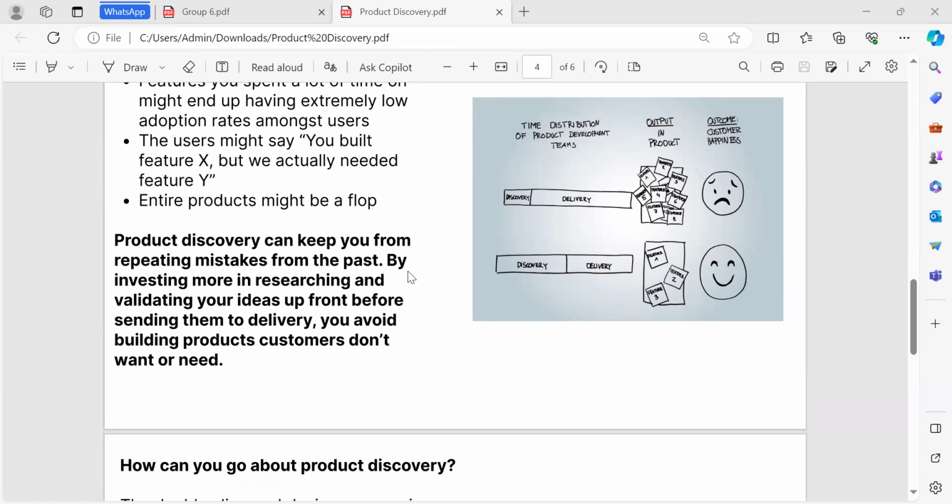Product discovery can keep you from repeating the mistakes from the past by investing more time in researching and validating your ideas upfront. So this is basically the R&D groundwork that you have to do. You have to identify the correct customer pain points. You need to identify for which pain point, what is the customer population you are going to solve for.